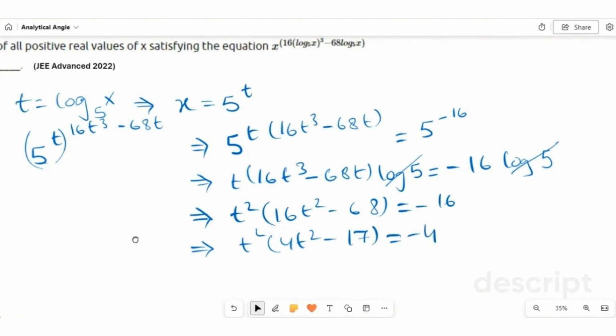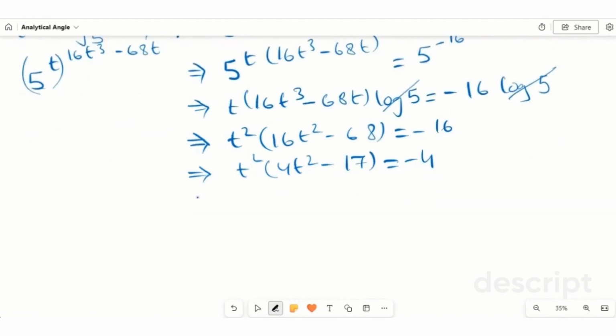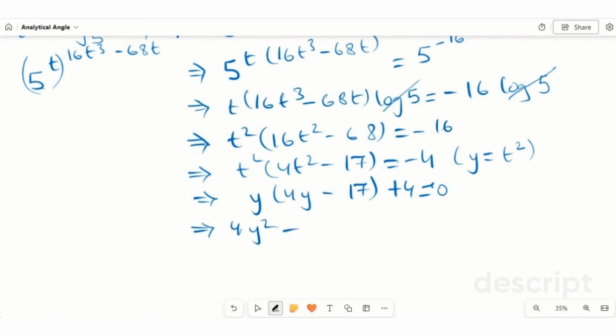So now if we put y is equal to t square, we get y into 4y minus 17 plus 4 is equal to 0. That is equal to 4y square minus 17y plus 4 is equal to 0.